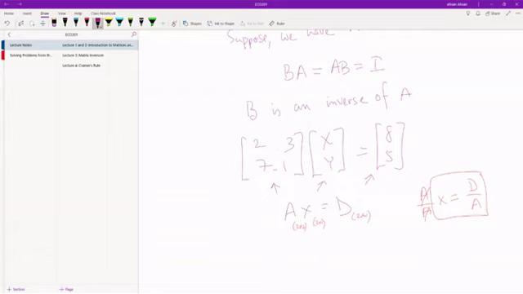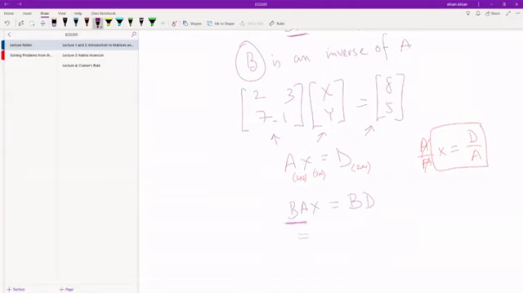So what we do is we want to find the inverse of A. If B is an inverse of A, what happens if we multiply both sides by B? We get BAX equals BD. What we know is that BA gives us the identity matrix.